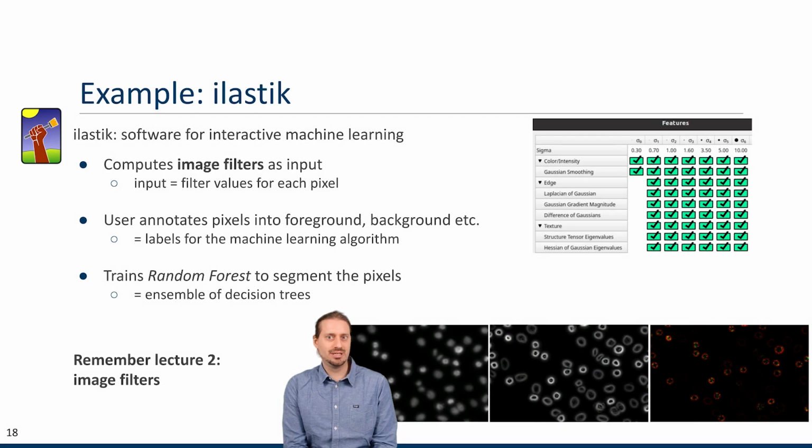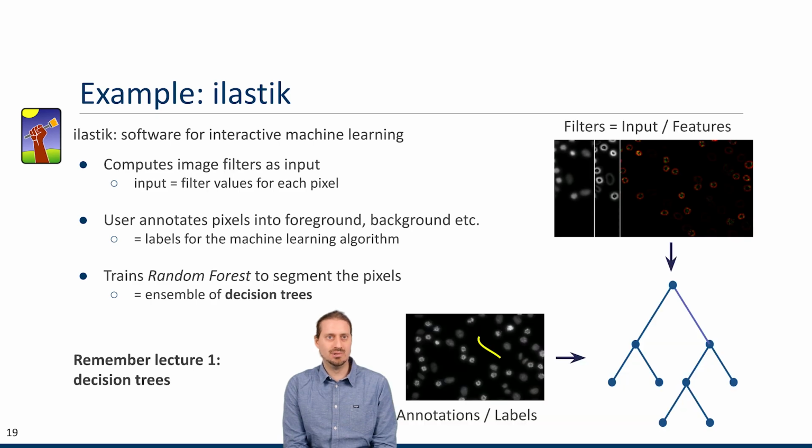And we then have the user annotations, and the machine learning algorithm that's used is a random forest, which is just an ensemble of decision trees. Remember, we discussed decision trees in the first lecture, and a random forest is just a machine learning model that combines many of these trees and is thus more powerful than using a single tree.